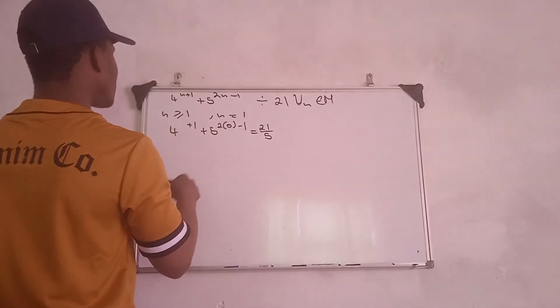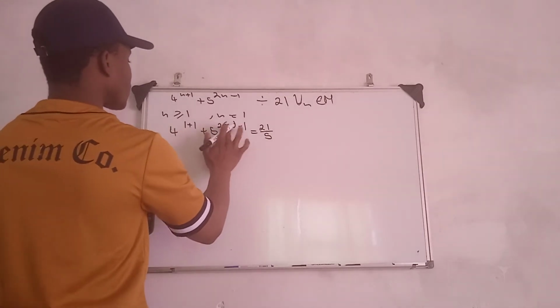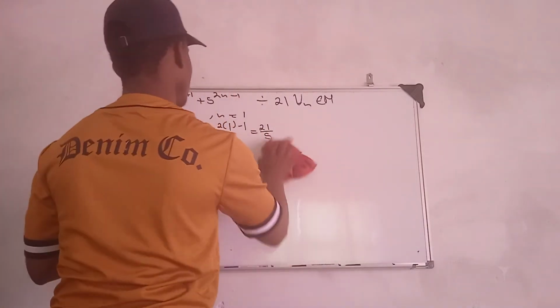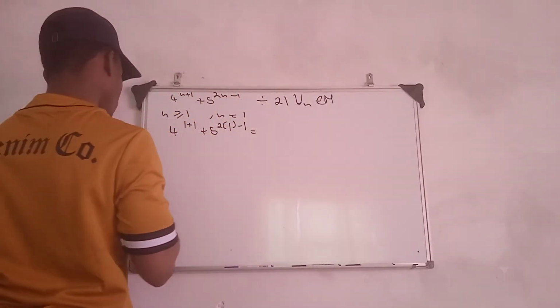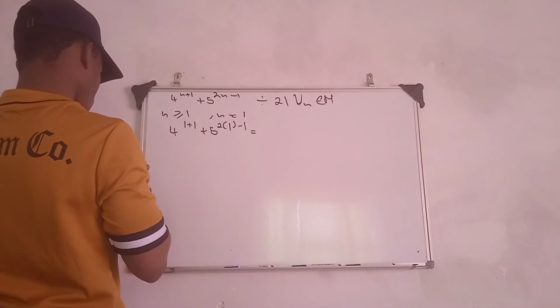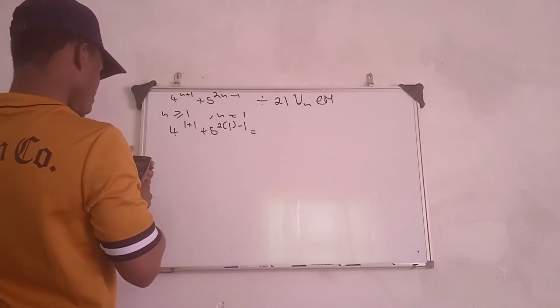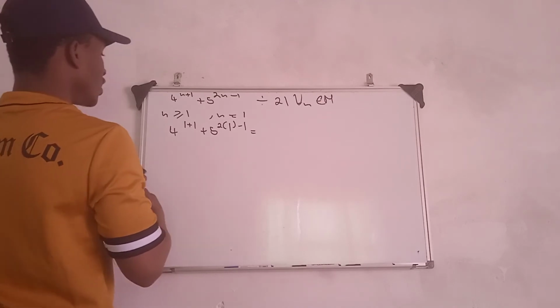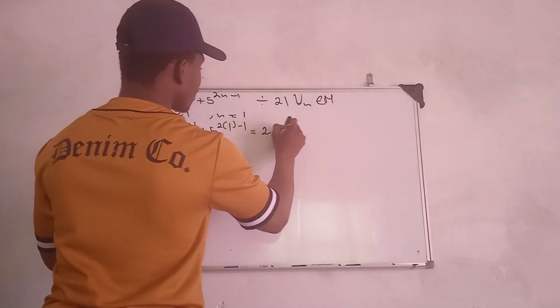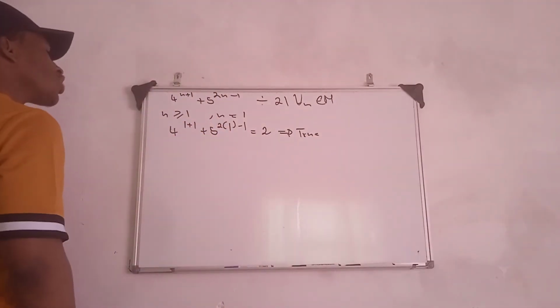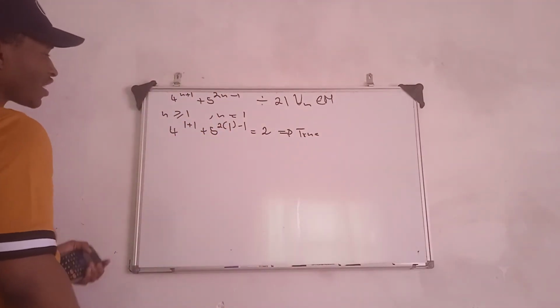Wherever I'm seeing n, I'm putting 1. 4 squared plus 5 to the power 2 minus 1 equals 21. So this is true. And if this is true, I can go there and make my own hypothesis.